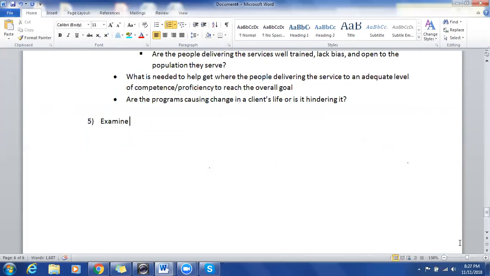So then the last one is examine the results / success of the program, which there's no sense in collecting and evaluating if we do nothing with it. So this is basically what is needed to help the program gain further success / reach.